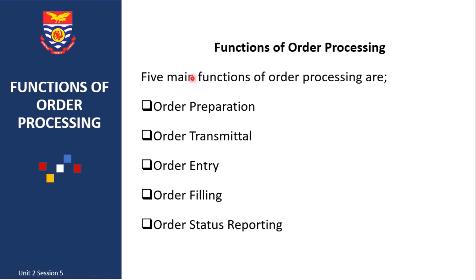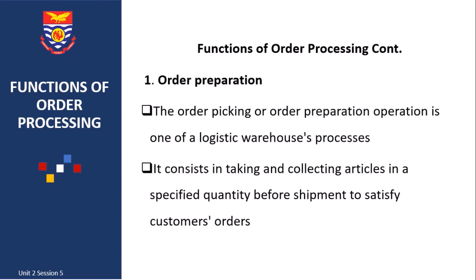Some of the processes that they undertake on customer orders include order preparation, order transmittal, order entry, order filling, and order status reporting. So these are the 5 main functions that are performed on a given customer order within a typical warehouse or a distribution center. They will be discussed individually in subsequent sessions.